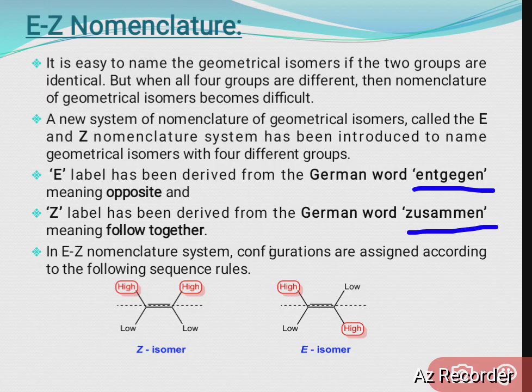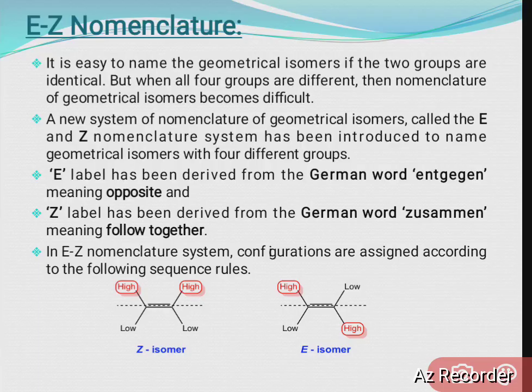Next, in the EZ nomenclature system, configurations are assigned according to the following sequence rules. Here we are going to prioritize the groups depending upon the rules.